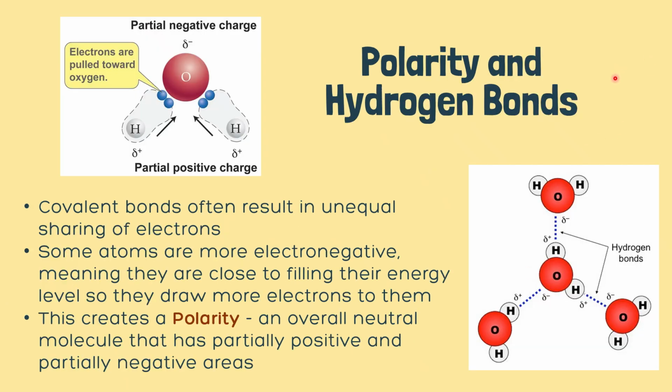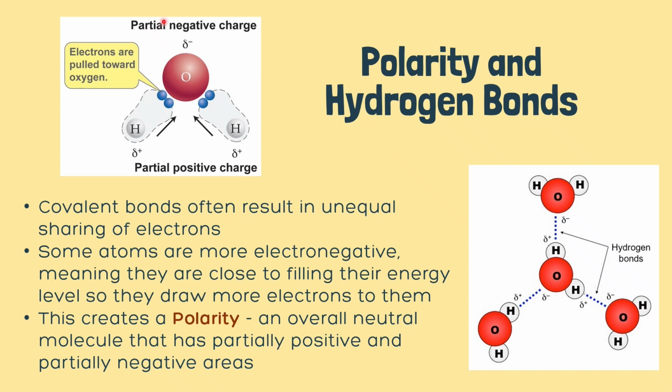And the last thing we're going to talk about is polarity and hydrogen bonds. I'm going to introduce it here and we're going to hit it home in the next video as well because it is quite important. So I mentioned before that we can have polar covalent bonds where the electrons are shared unequally. That unequal sharing of electrons due to electronegativity means that one atom is going to pull those electrons and hold on to them a little bit more often than the other.